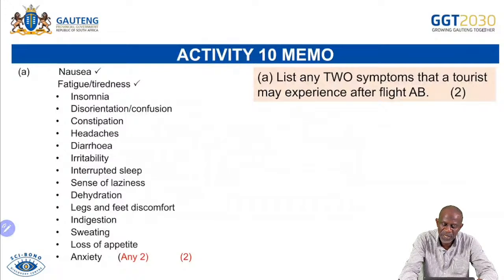So here you are expected to list any 2 symptoms a tourist may experience after flight A and B. So these are all the symptoms. You can take a screenshot so that you internalize them in your own spare time.